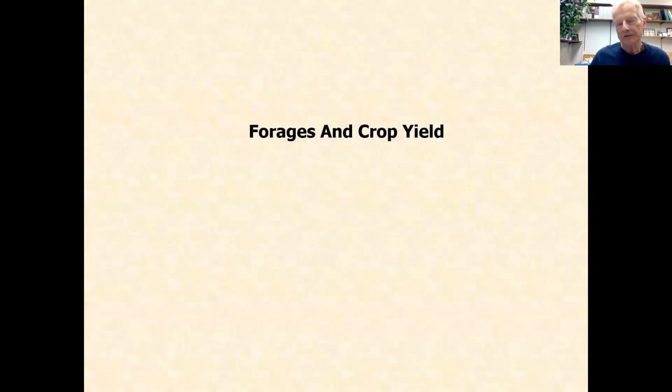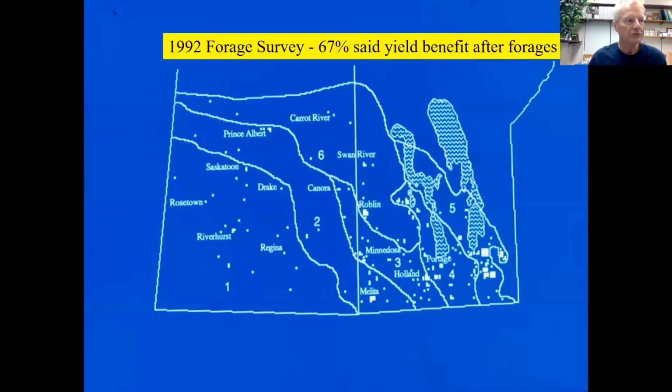Early in my work at the University of Manitoba, I was really interested in how forages would affect yield. So I created a survey, and 253 farmers responded right at the beginning of my career here. These are all the dots where the farms were located.